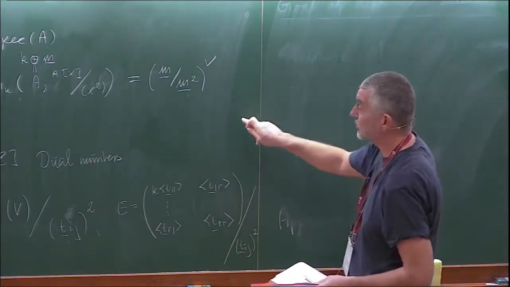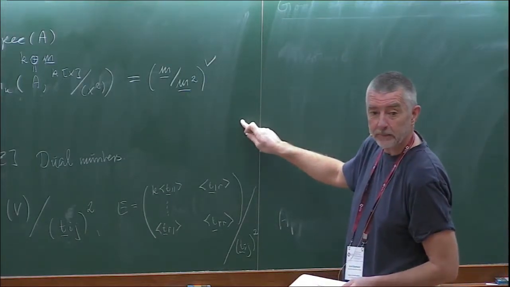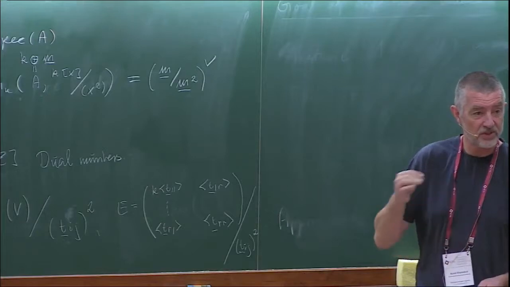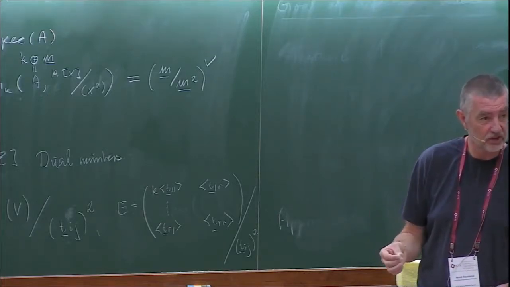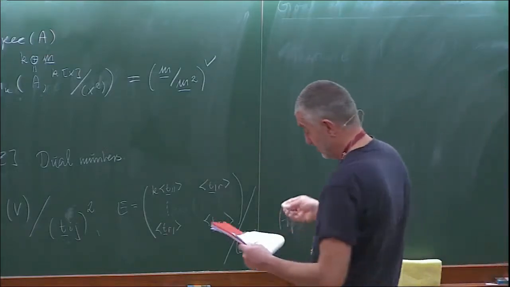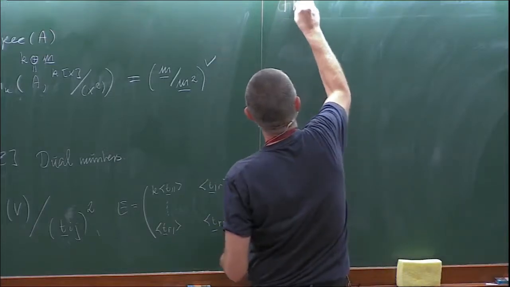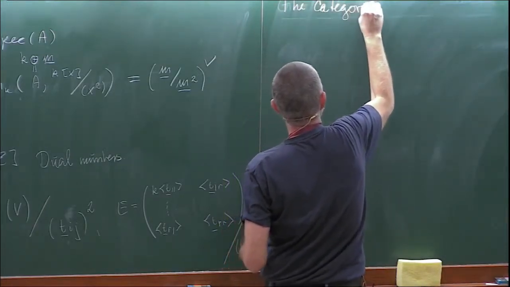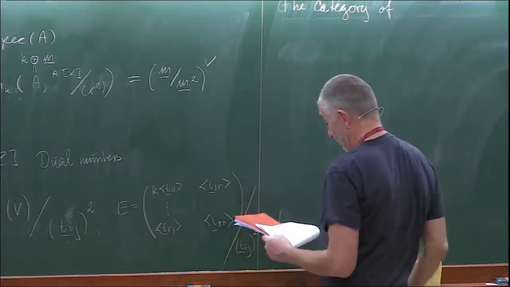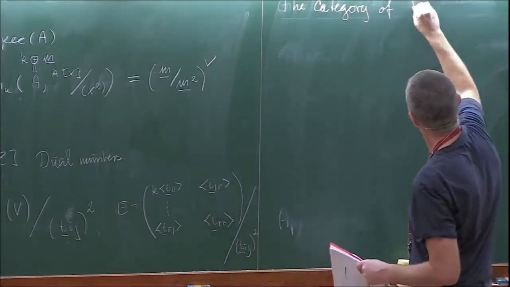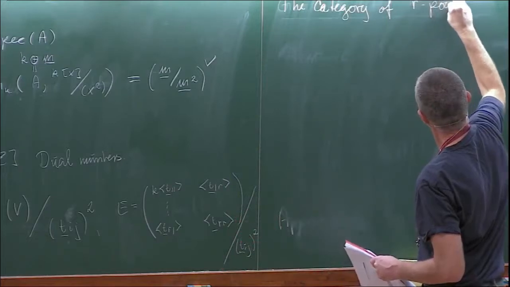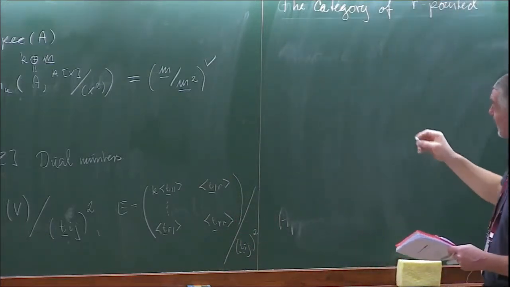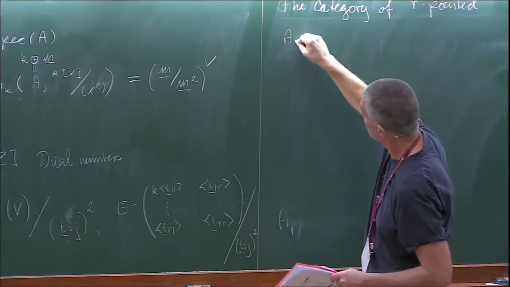So now I want to define the category L, but this time in the non-commutative setting. The category of R-pointed Artinian k-algebras.